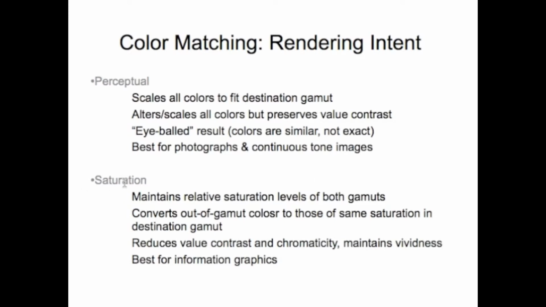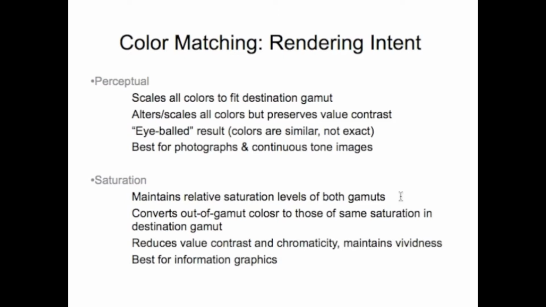A saturation match will maintain relative saturation levels of both gamuts, the larger one and the smaller one. And it will do this by converting things that are out of gamut, meaning they won't fit into the smaller space, to colors that are already in the space that have the same saturation. Instead of squeezing or scaling, it'll actually convert.